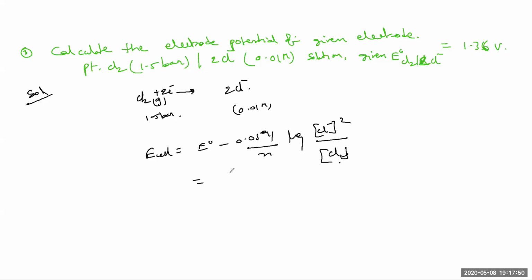Substitute. That is given E naught value 1.36 minus 0.0591 by n, value 2 only from that equation.